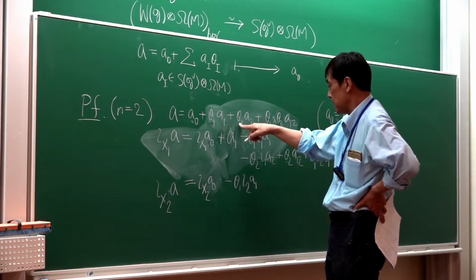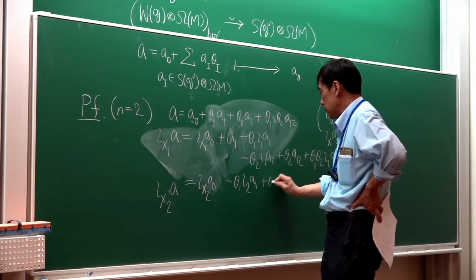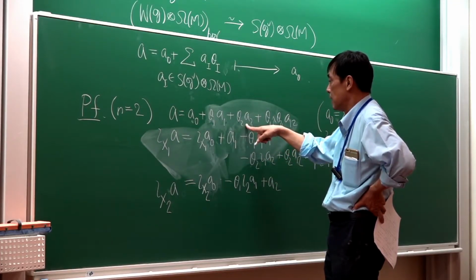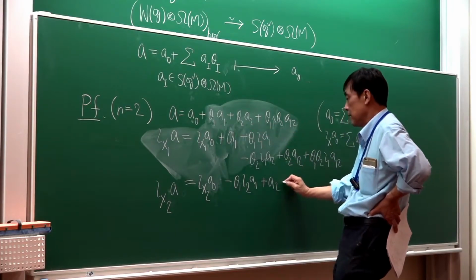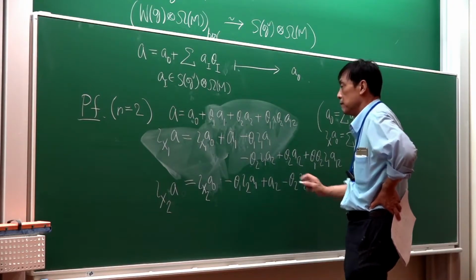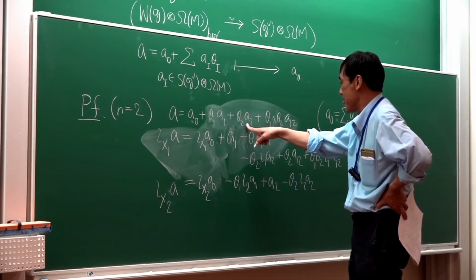And then theta 2 applied to this, so I get an A2. And then minus theta 2, I2 A2. Okay?